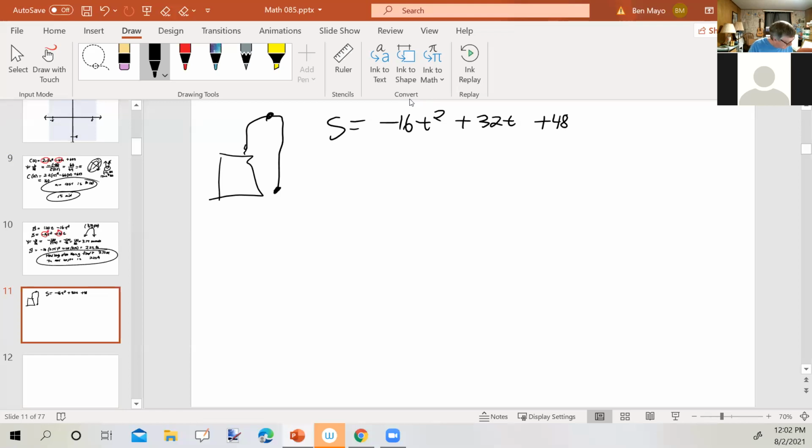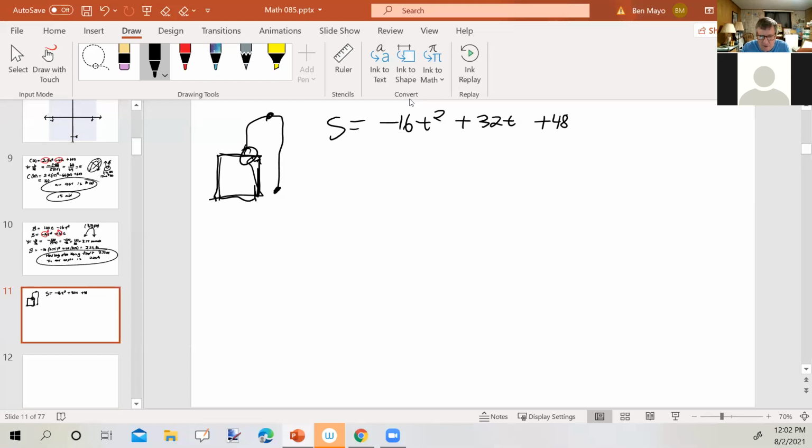Let me ask you this. Okay, this was not one of the questions in the book, but this is a question I want you to answer. How high is the ball when it is initially thrown off the building? So what's the height right here? Well, consider this. What time is it at the beginning of the problem before the ball is thrown?